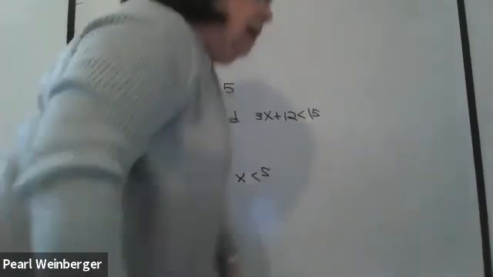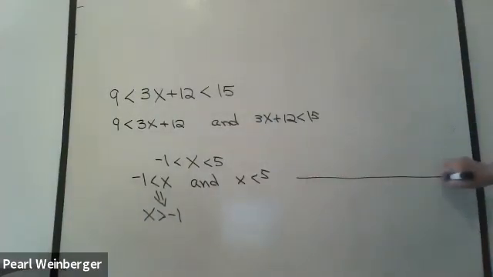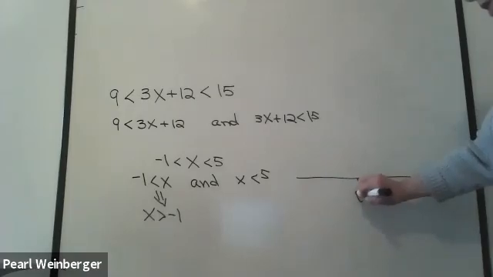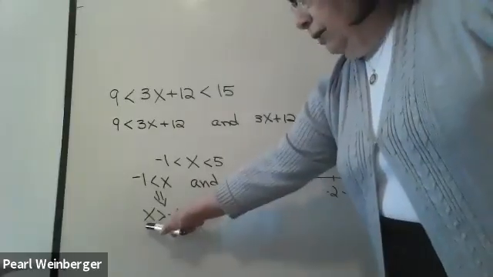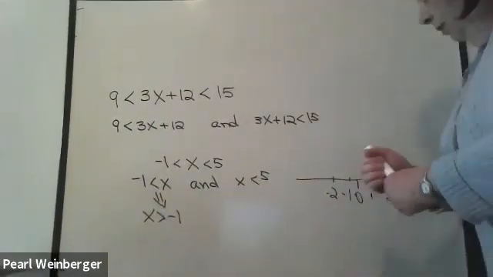Now let's see how that looks on a number line. So here's -1, -2. Here's 1, 2, 3, 4, 5. First, let's draw x greater than -1. Let's see if I can do this in different colors. I don't know if it'll work.